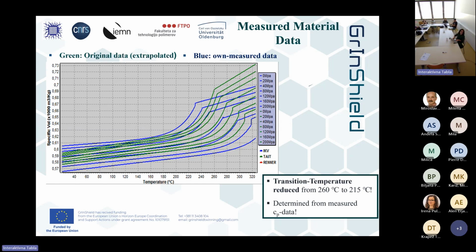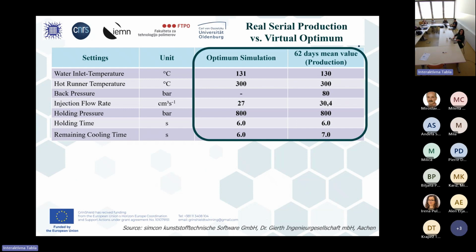And with the transition temperature, it was suggested from DSM with 260, but out of the DSC we found it's 250. Then we changed it, and then we got this result, the optimum of the simulation, and a 62 days mean value of the running production.